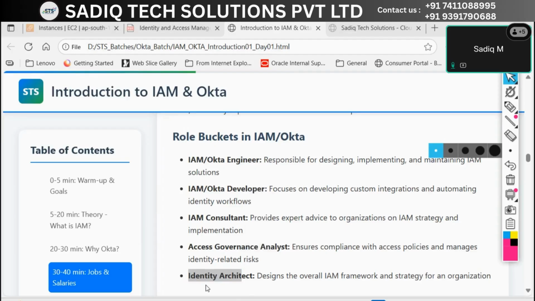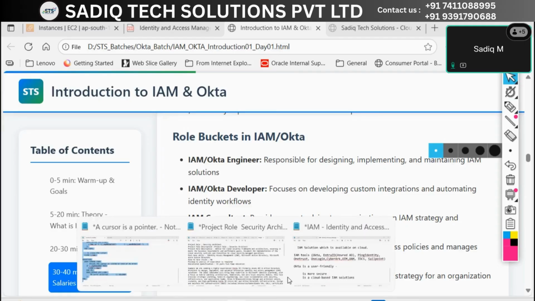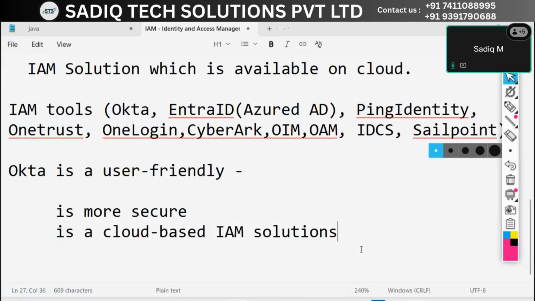Let us suppose he has 200 applications within his organization, and he wants all these 200 applications to have IAM solutions in place, so that one centralized identity will be maintained and access management also will happen as per security standards.